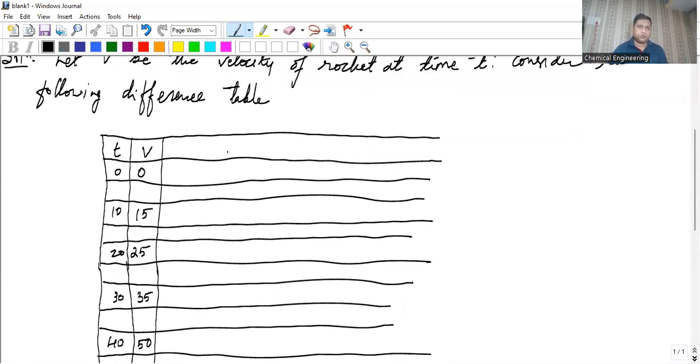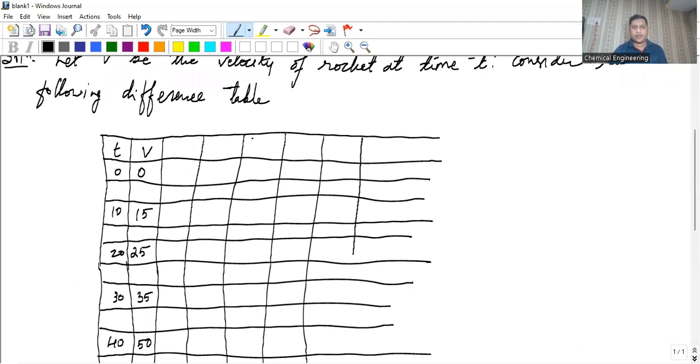Okay, so we have to consider the difference for velocity. So here x is going to be t, our independent variable is t, and the dependent variable y is here v. So we consider the first difference, delta v.